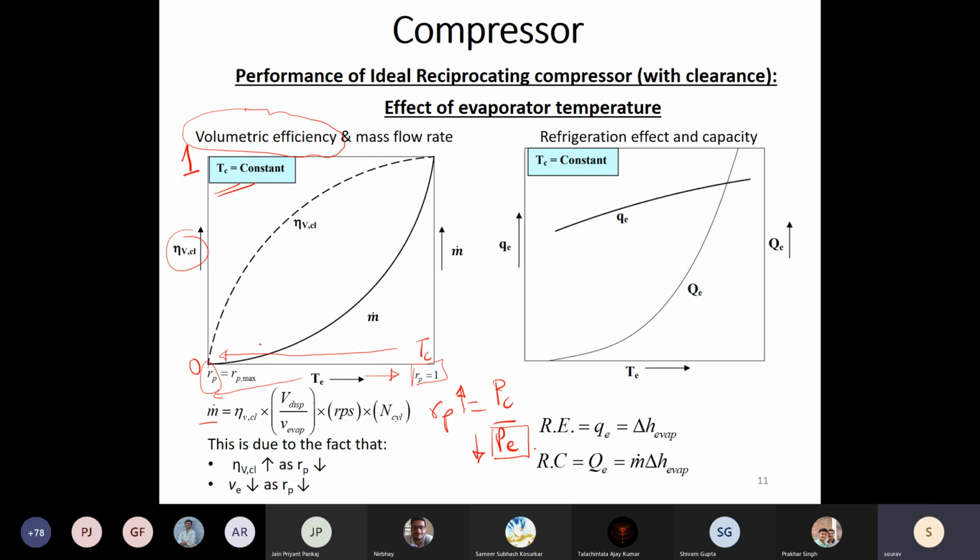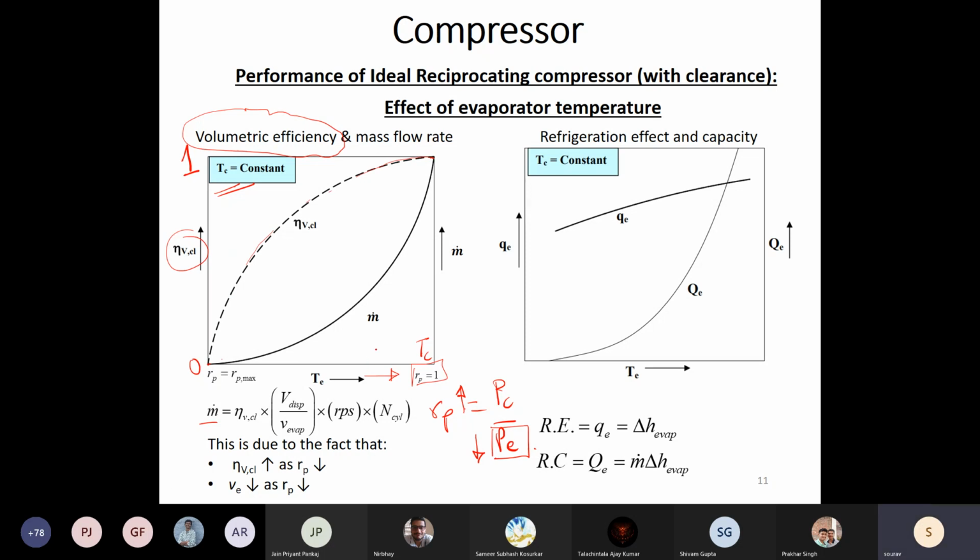So you have to first get the Rp max from the previous slide expression, and whatever it tells you, that is the maximum pressure ratio you can go up to, and that will give you the minimum evaporator temperature. Okay, so this is where it will go to 0. This is where it will go to 1. So this is your volumetric efficiency curve.